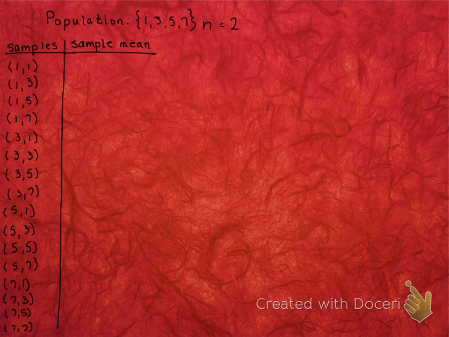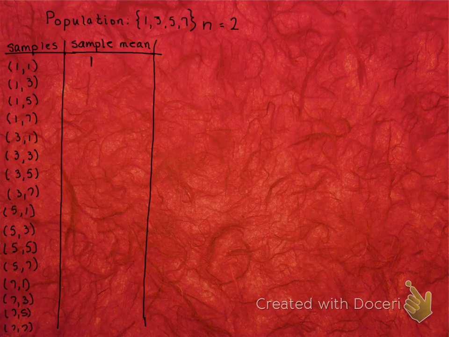Within each set of parentheses, you're going to add those 2 numbers together and divide by the number of numbers you've got, which is 2. So 1 plus 1 is 2, divided by 2 is 1.